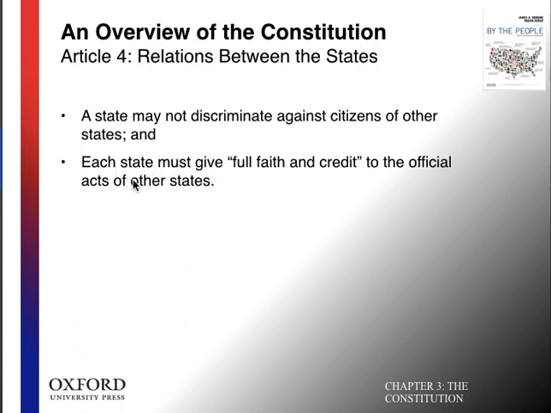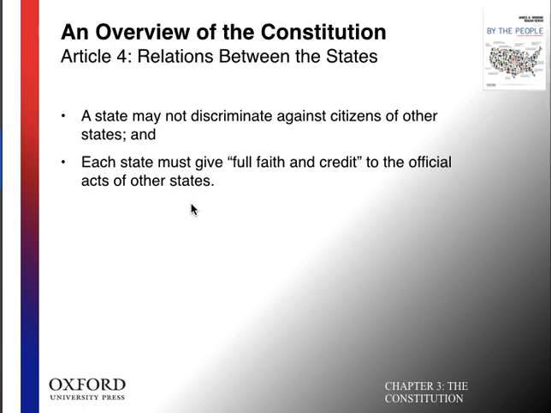Also, each state must give full faith and credit to official acts of other states. So, for example, if a same-sex couple married in a state where it is legal, and they go to a state that decides they aren't going to marry same-sex couples, that state still has to acknowledge this couple as a married couple because they have the state records from their other state where it was legal.